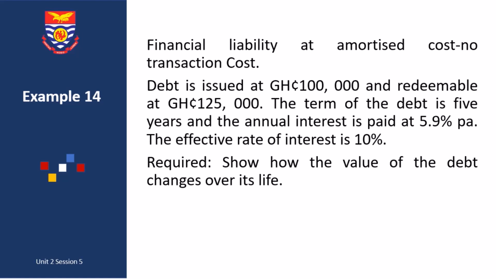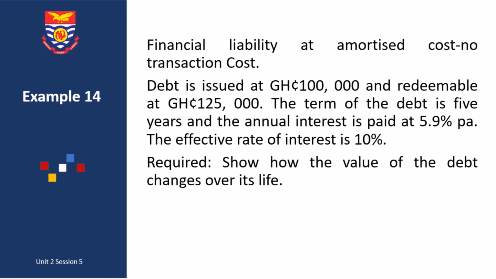The term of the debt is 5 years and the annual interest is paid at 5% per annum. The effective rate of interest is 10%. Required: show how the value of the debt changes over its life.